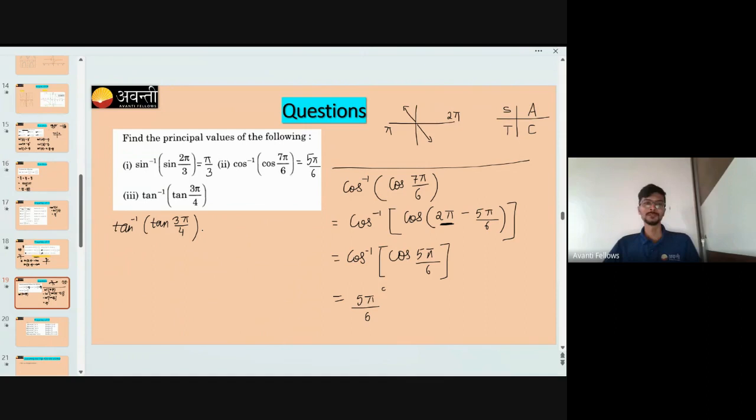So it is not in the PVR of tan inverse, which is minus 90 to 90. So we have to use allied angles. How will you use allied angles? I hope you know how to use allied angles. We have done it in the previous 2 questions.